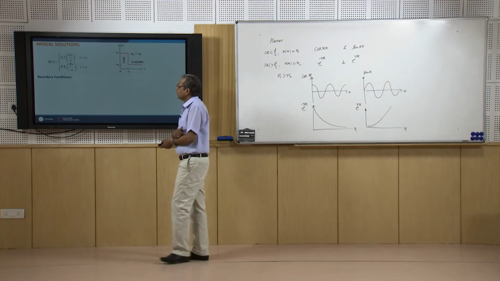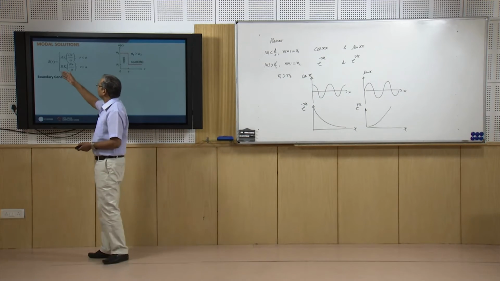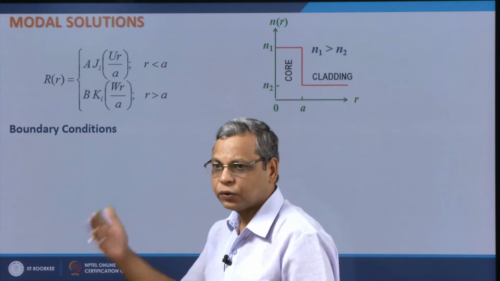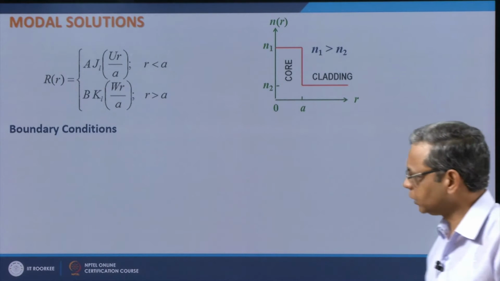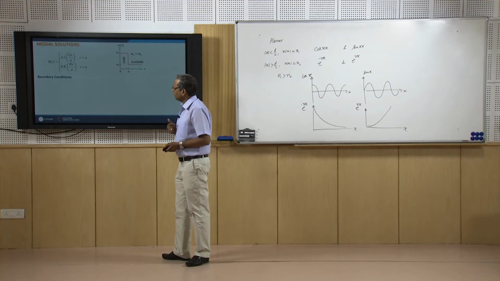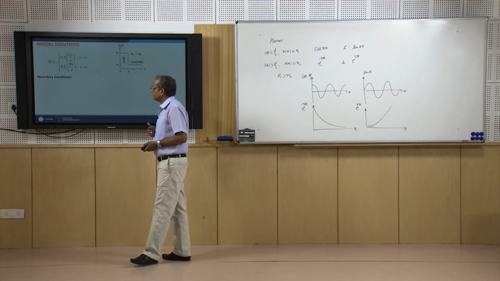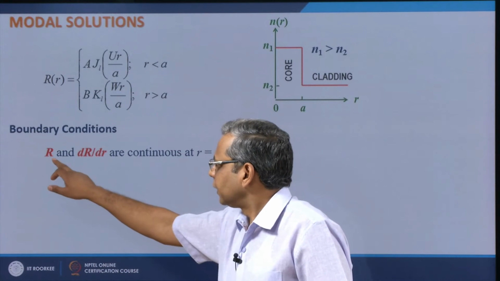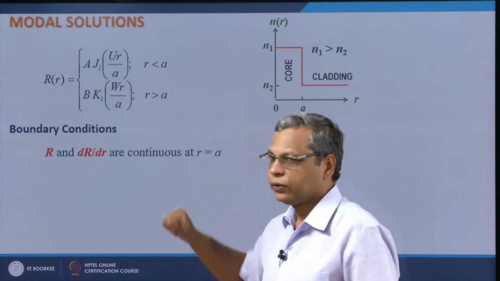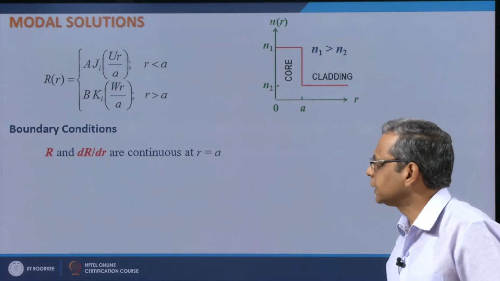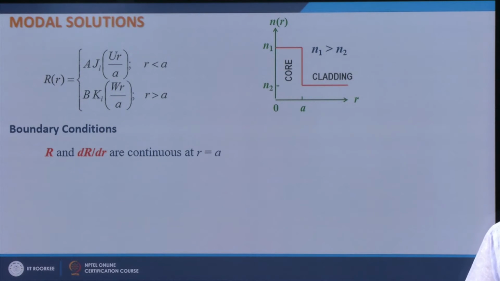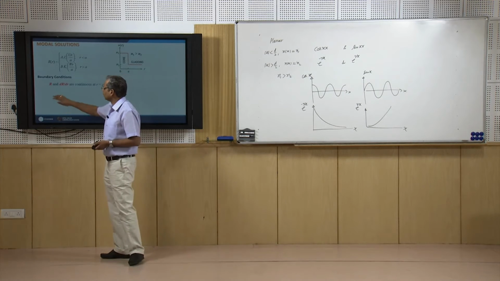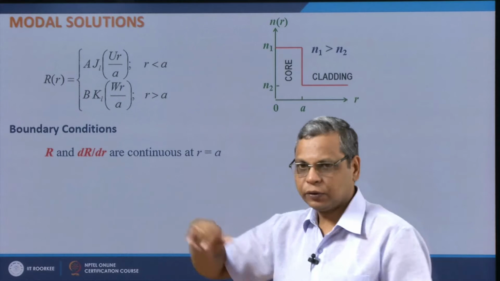Next thing is now to find out the relationship between B and A and to form a transcendental equation. So, for that I apply boundary conditions. What are the boundary conditions? Boundary conditions are that the radial part R and dR over dr are continuous at r is equal to a, and since it is a weakly guiding fiber, I can take these as the boundary conditions.